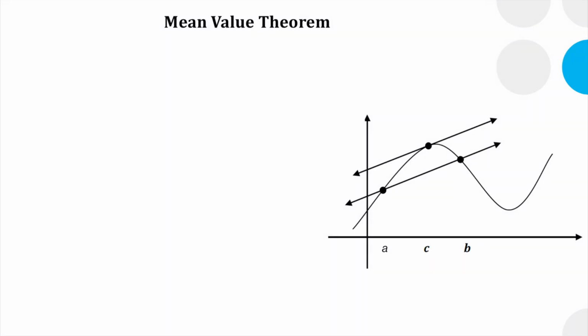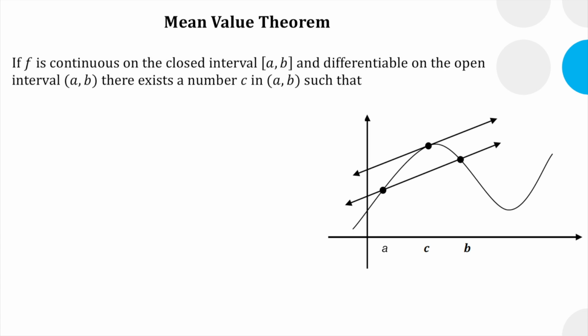The mean value theorem. If f is continuous on a closed interval [a, b], and differentiable on the open interval (a, b), there exists a number c in (a, b) such that f prime of c equals f of b minus f of a all over b minus a.